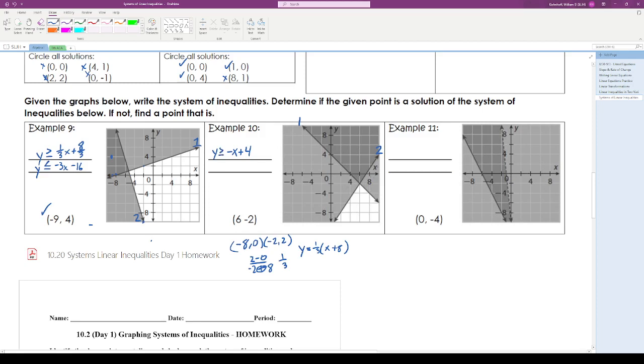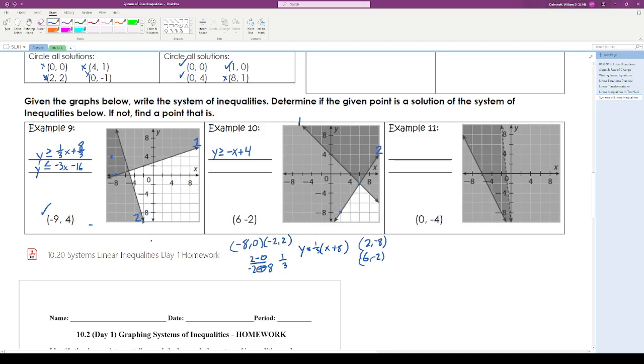For our second line, the one going uphill here, we don't have good y-intercepts or x-intercepts. We do see that it goes through this point at 2, -8, so let's capture that here. And it goes through this point where the two lines meet at 6, -2.